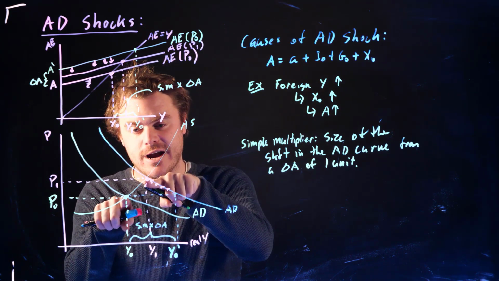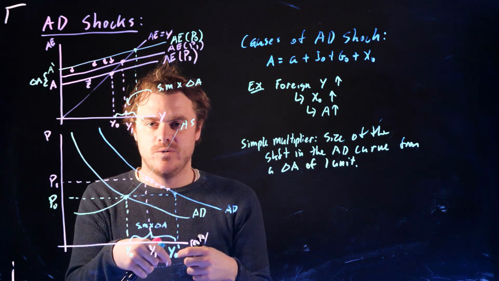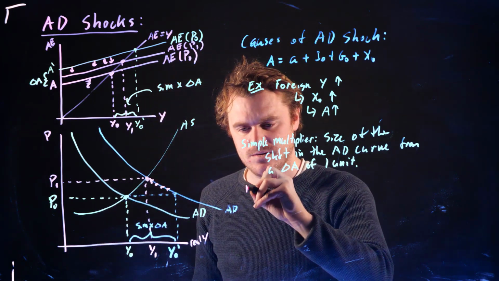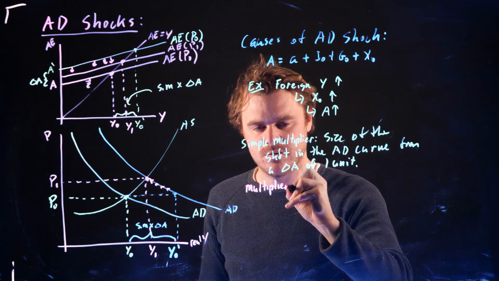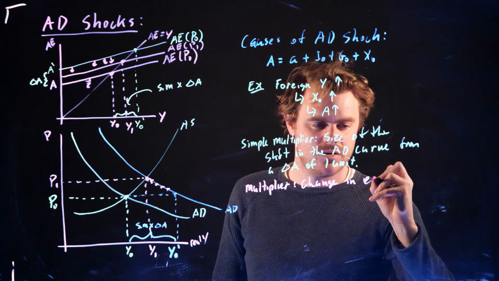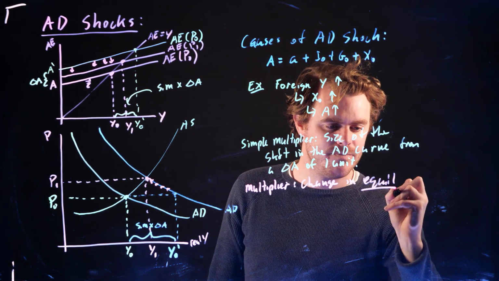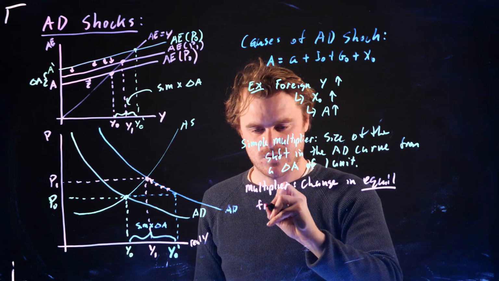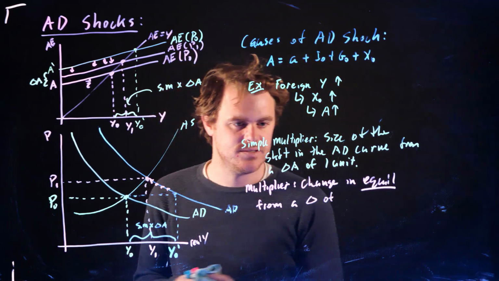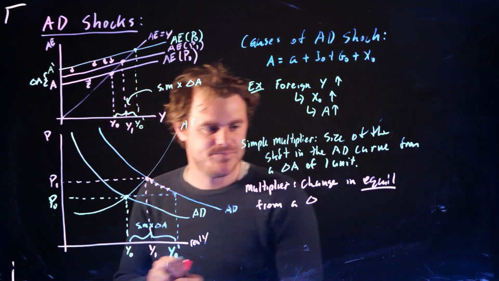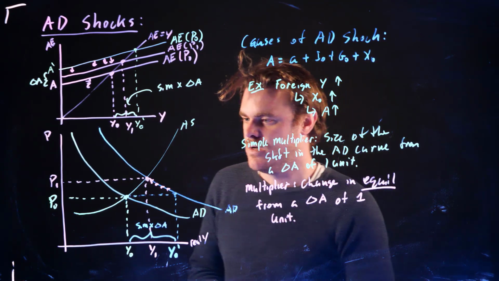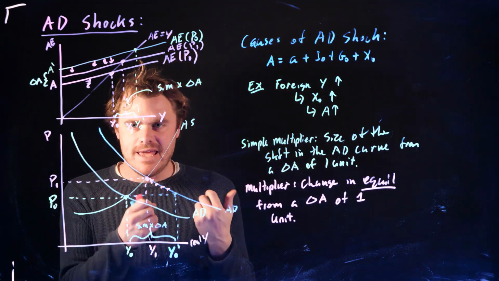The multiplier, on the other hand, is the change in equilibrium when there's a change in capital A of, let's say, 1 unit. So change in equilibrium from a delta A of 1 unit. So this is the mechanics of an AD shock.